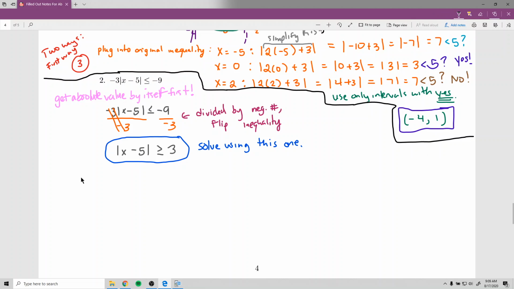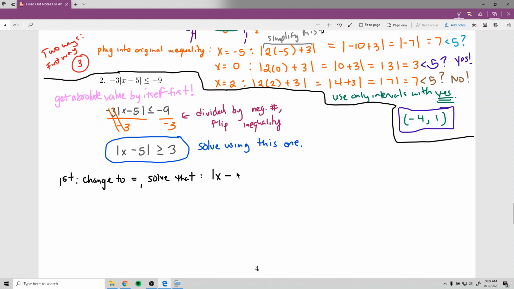Right, so what were the steps to solving the absolute value inequality? The first step is change to equal and solve that. And once again, use this one, don't use the original, because you did that work to make this simplified.